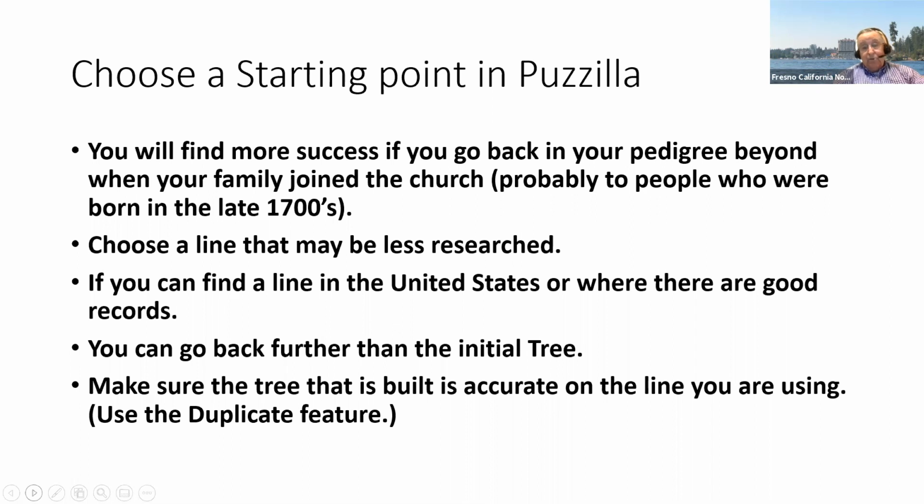One of the things I do mention here, this last thing I think is very important, at least turn on duplicates and check the pedigree back to the person that you're going to build the descendancy from, and just make sure that that line of ancestry back to that person doesn't show duplicates. Because if it shows duplicates, it's possible that's not even a person's ancestor. And so you don't want to be working on things that aren't really related to the person.